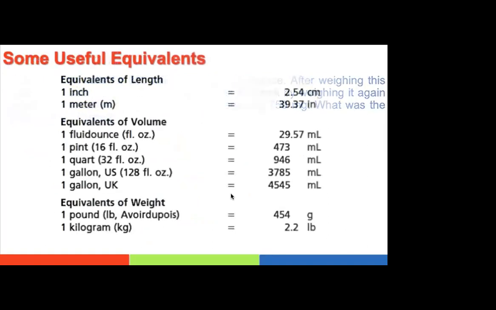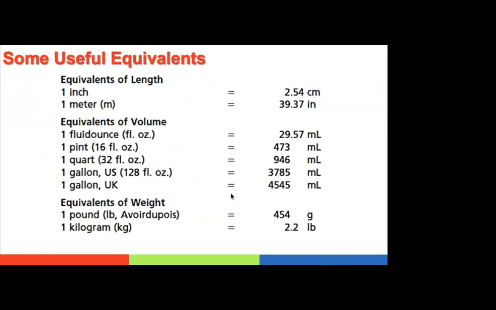So, next, ito yung useful equivalence of some measurement. It might be helpful for you if you memorize this. Kasi hindi ka na mag-iisip, because memorize mo na. Ito mga common to. Fluid ounce, you know this already.